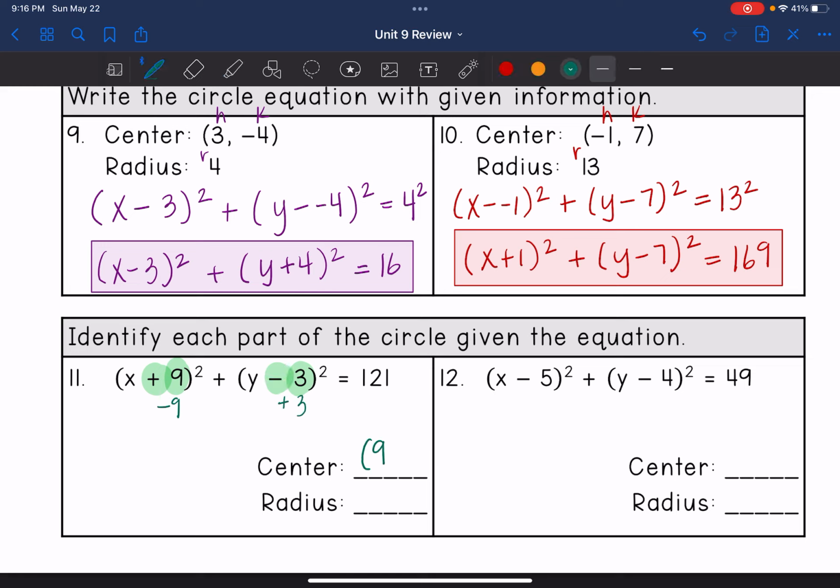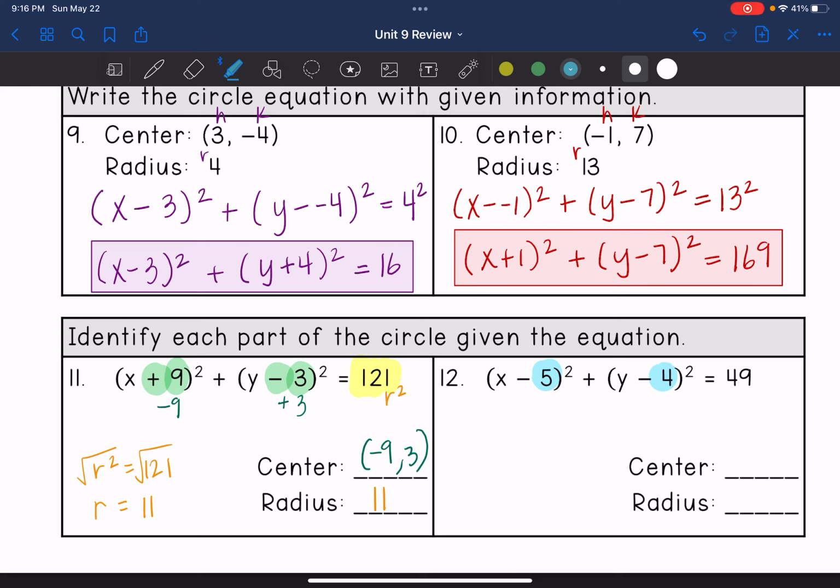So our center is at negative 9, positive 3. Then our radius goes with this number, but remember that has been squared. That's r squared. So if r squared equals 121, if I square root both sides, r equals 11. So radius is 11.